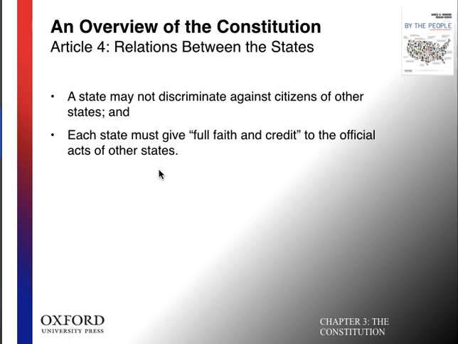So this is one of the clauses in the Constitution that the Supreme Court pointed to when they said that states had to allow for same-sex couples to marry. Not within their state, but they had to recognize other states that did.